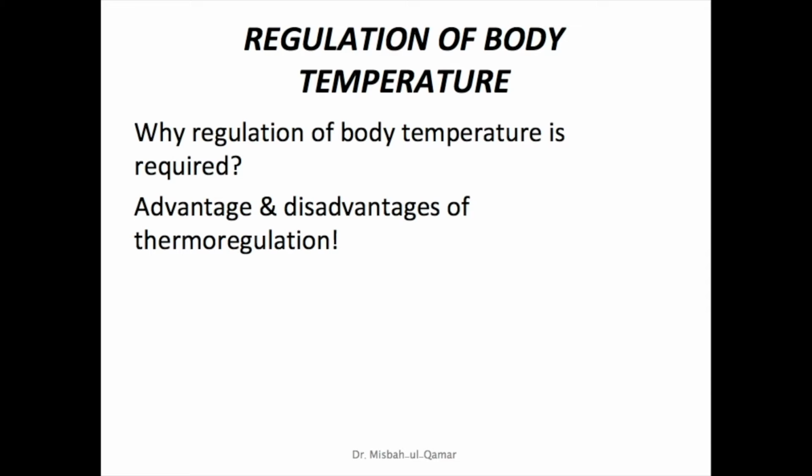Now, some of you might be wondering why the regulation of body temperature is required. The answer to this question is that the enzymes of our body, which are mostly protein in nature, work at an optimal temperature.